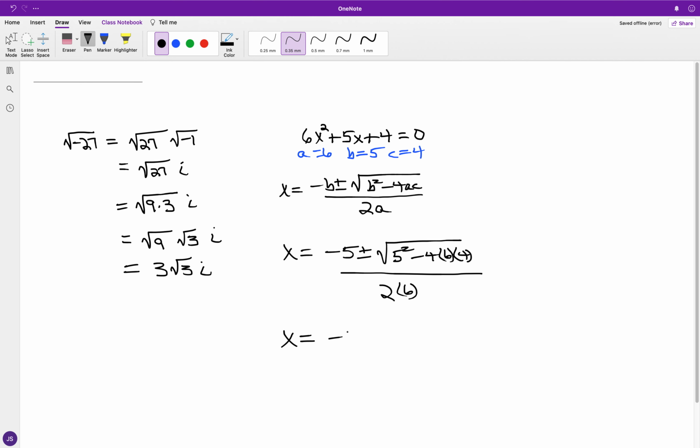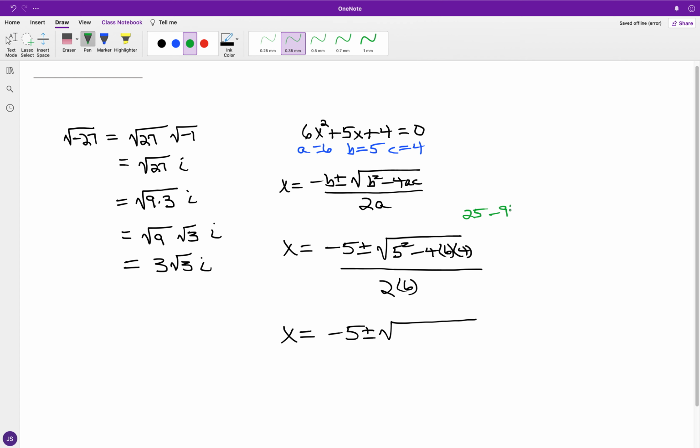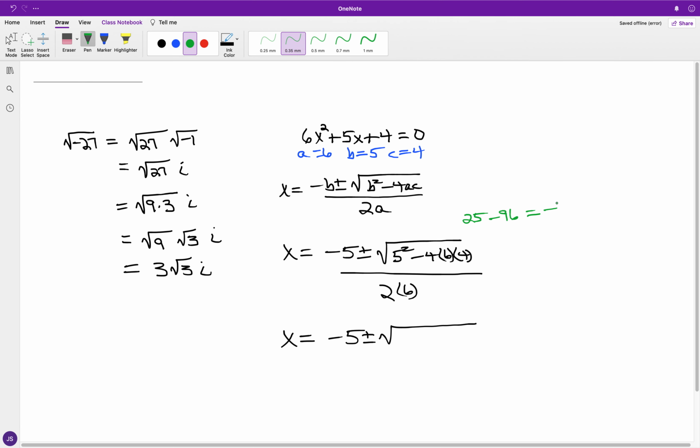In the follow through, we have negative 5 plus or minus the square root. 5 squared is going to make 25. Negative 4 times 6 is negative 24, times 4 is negative 96. So 25 minus 96 is negative 71, and the square root of negative 71 is the square root of 71 times i.